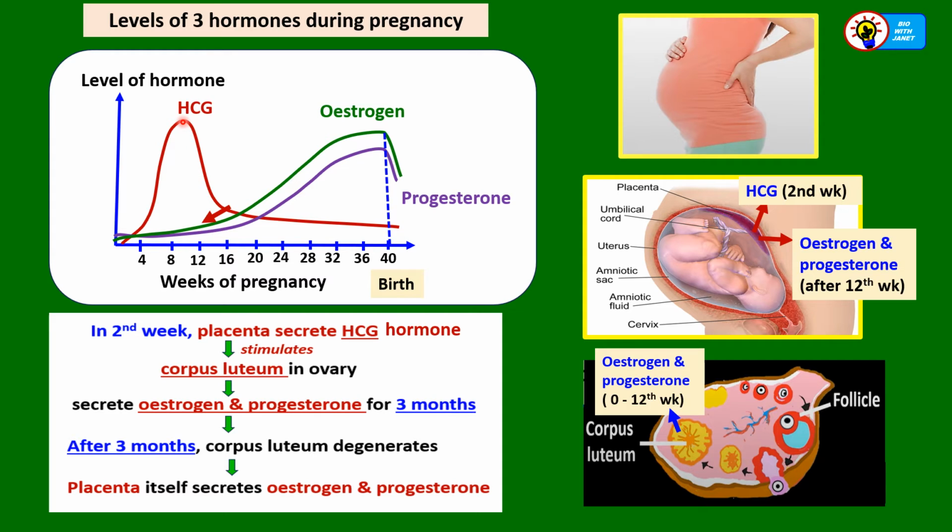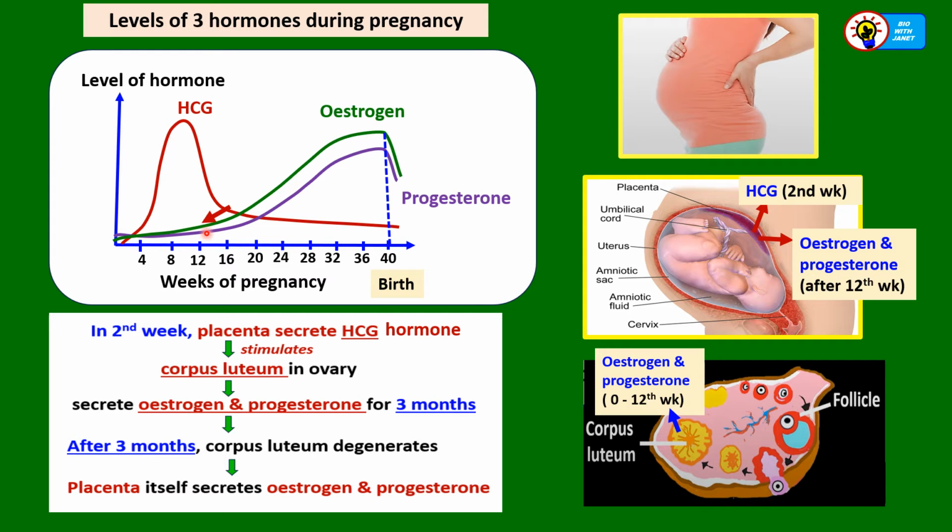What is the function of HCG hormone as we discussed just now? It is to stimulate the corpus luteum to secrete more estrogen and progesterone. So the level of the hormones estrogen and progesterone do not decrease, but rather slowly increase.